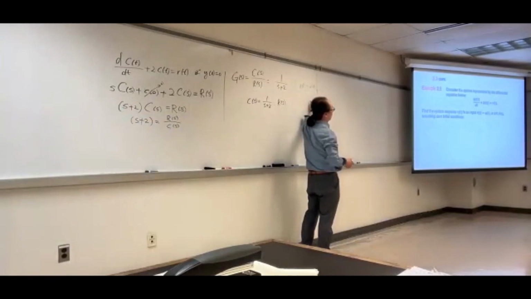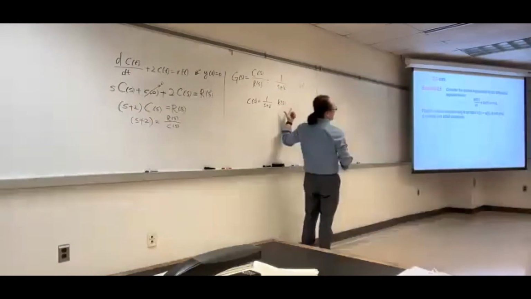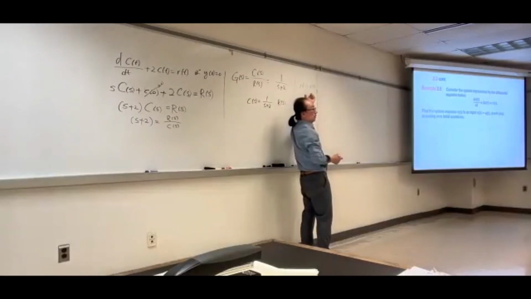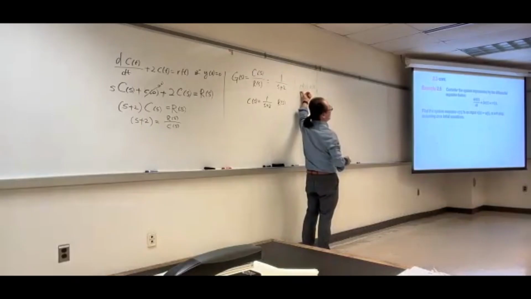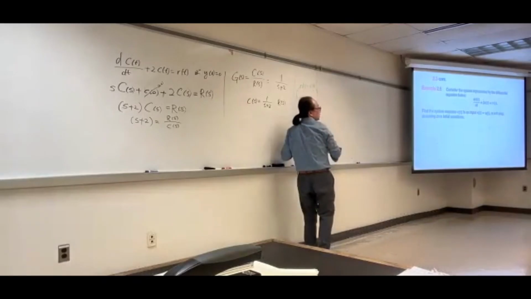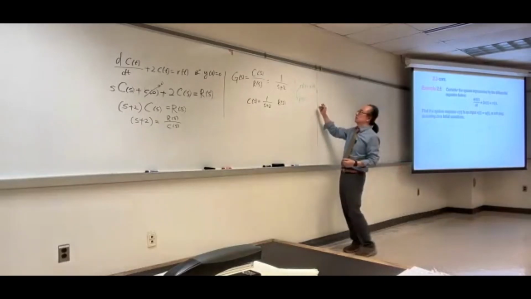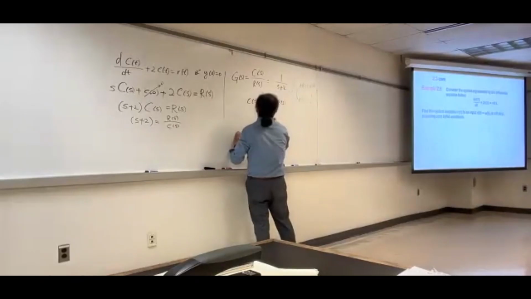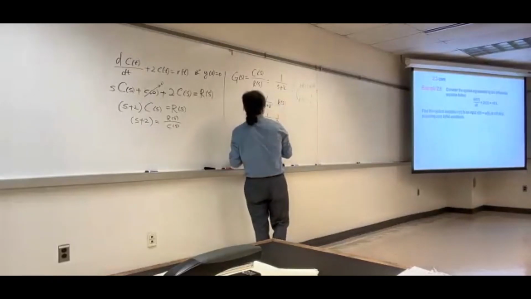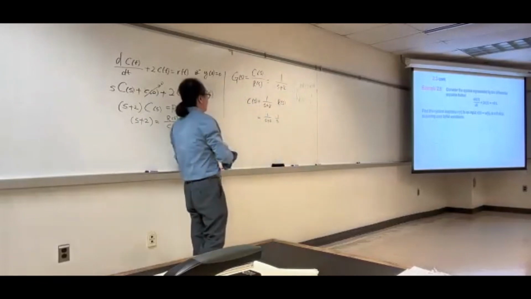So what we need to do is find R of s based on what you are given as r of t. If you take the Laplace transform of r of t, it's going to be R of s, and u of t is what? 1 over s. Thank you. You put in 1 over s plus 2, times 1 over s. Now we need to do the partial fraction again.